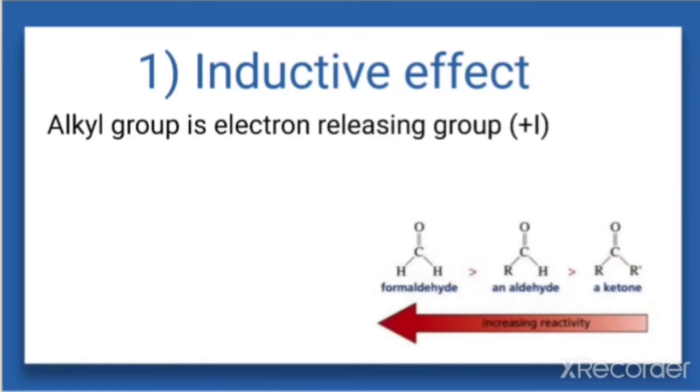So when we compare the aldehyde and ketone, the ketone has two alkyl groups, therefore greater electron density on the carbon.